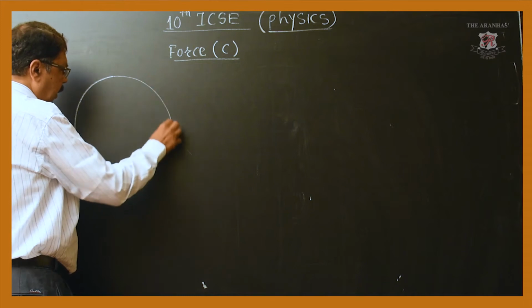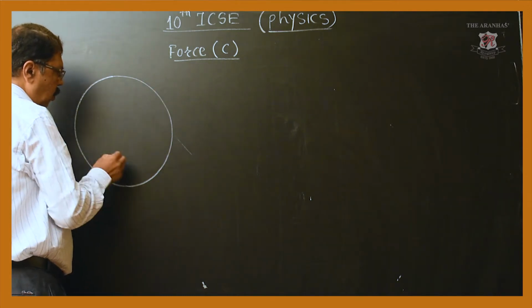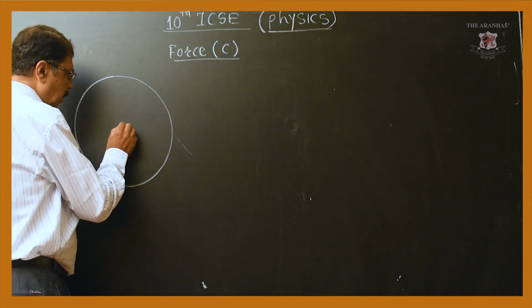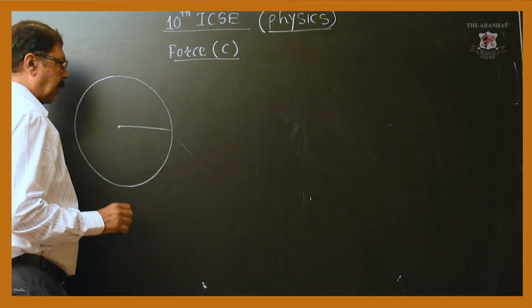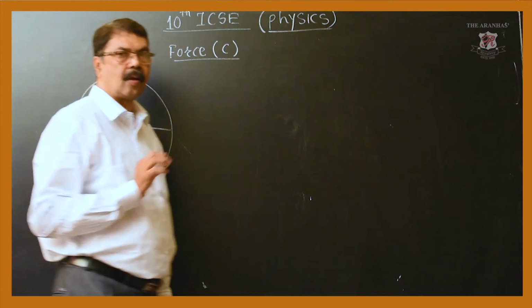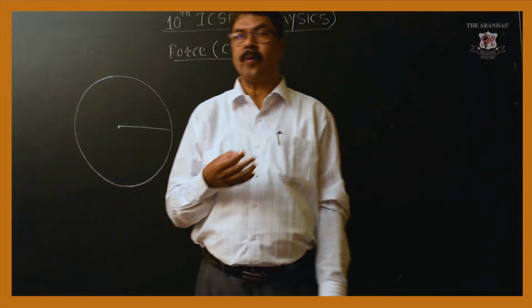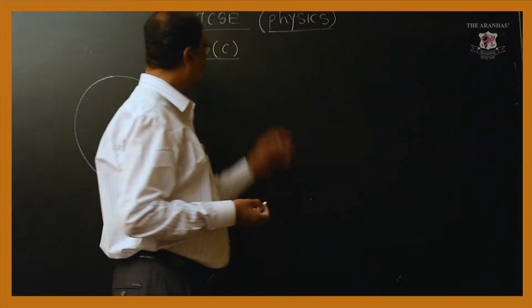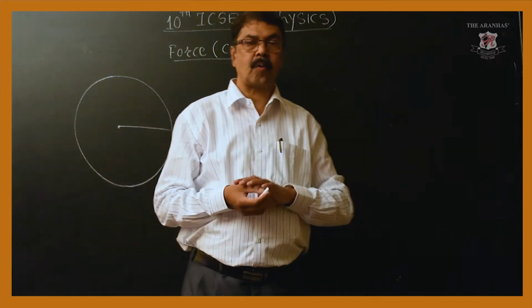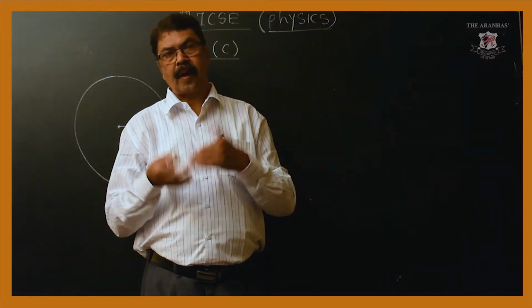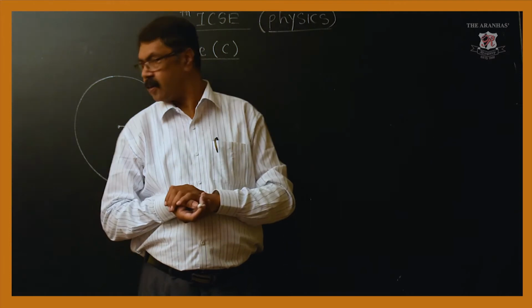If a particle continues to move on the circumference of a circle, then it is called circular motion. Very simple statement. Before going to uniform circular motion, we have to understand certain terms.